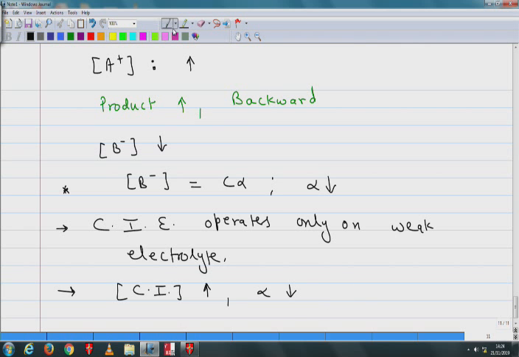We can simply say that when the common ion increases, alpha will decrease. It favors the backward direction.